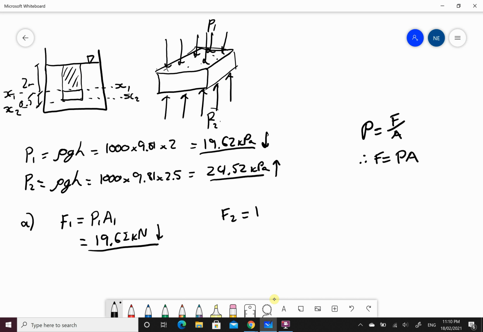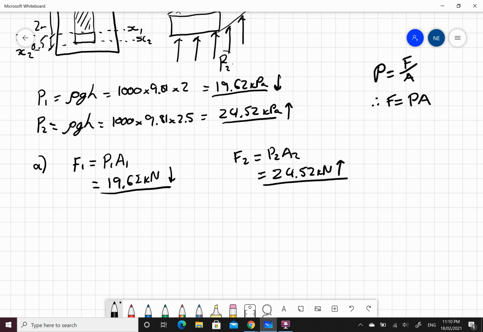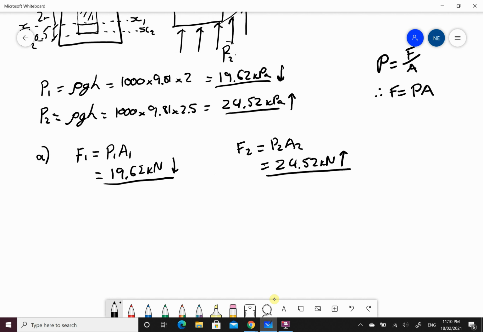And F2 is obviously P2A2, which is just 24.52 kilonewtons going up. So how do I calculate the net uplift? Well, the net uplift, so no weight, so object is weightless, is quite simply F2, take F1.